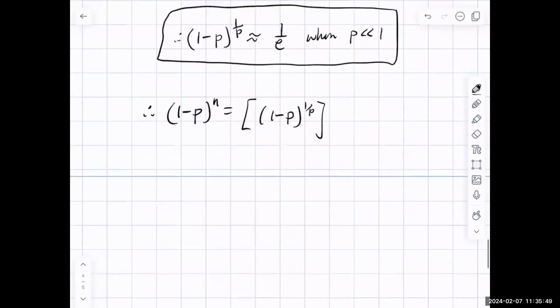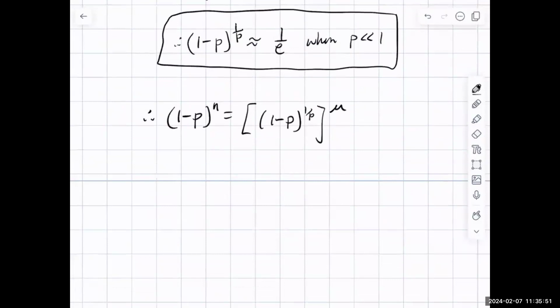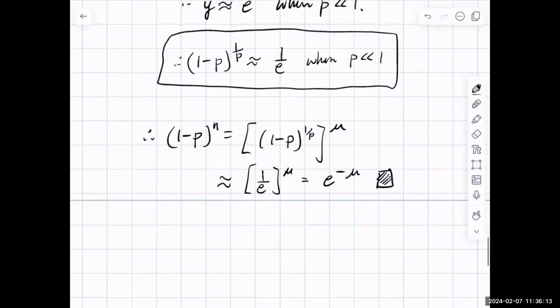Yes, it was. And so that's going to be approximately (1/e)^mu. And so that's equal to e^(-mu). All right, good. So that's our third approximation. That final factor is e^(-mu).